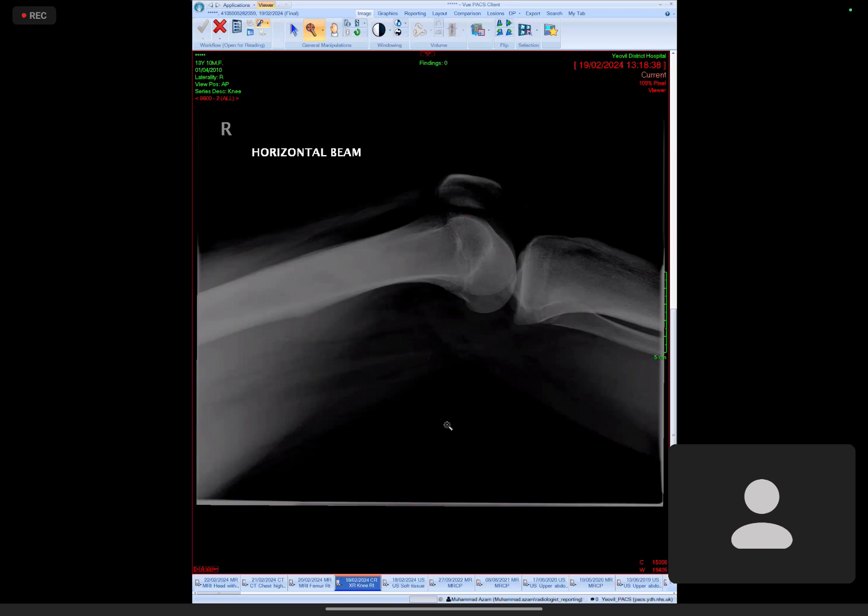Because of the configuration of the periosteal reaction, which is rather laminar in appearance, I'm concerned about Ewing sarcoma in this patient. My second differential here would be osteomyelitis, and third would be Langerhans histiocytosis.